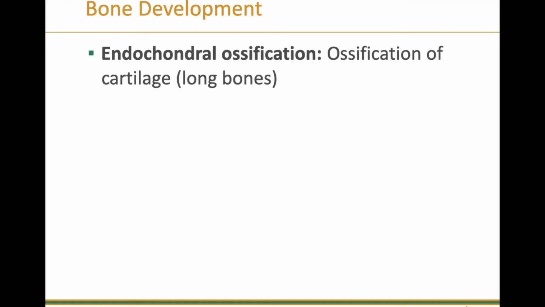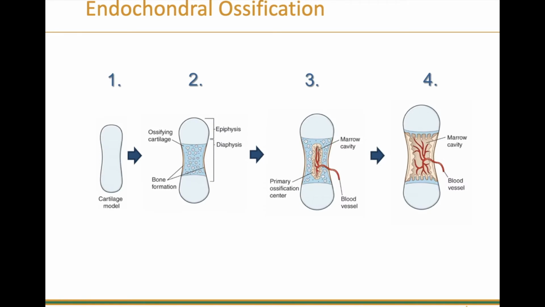Now, endochondral ossification is the ossification of cartilage, and this is how long bones are formed. Most of our bones are long bones. And this shows the steps here. So we start with a cartilage model, and then bone formation starts on the outside. We form what's called a bone collar.